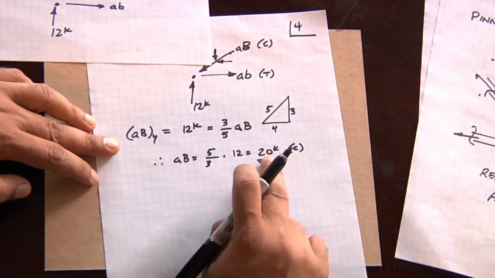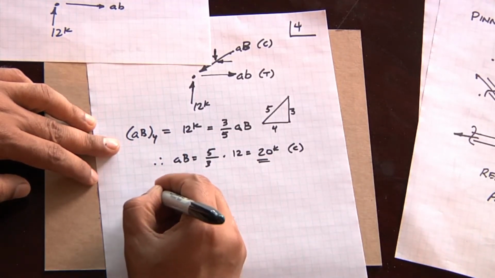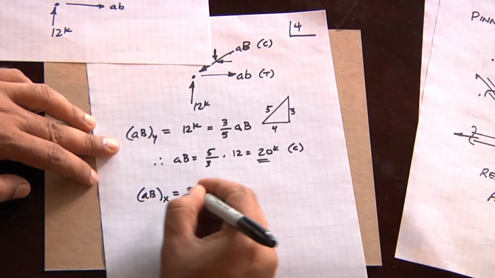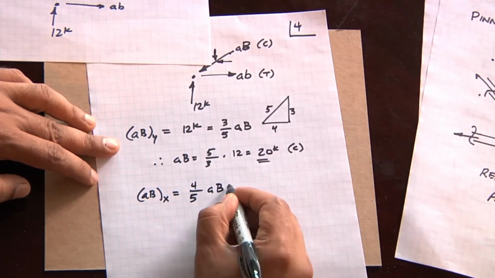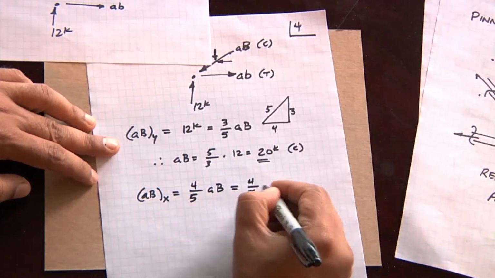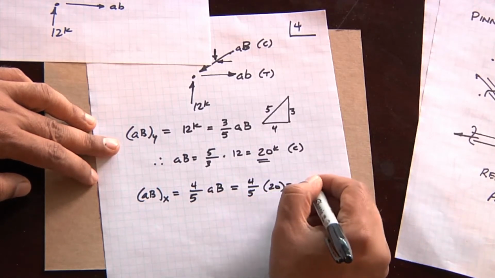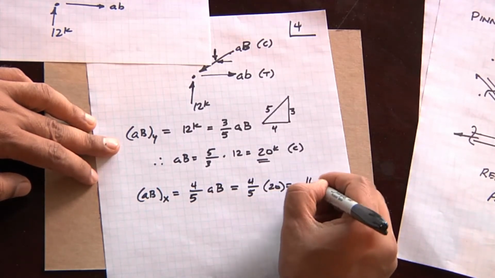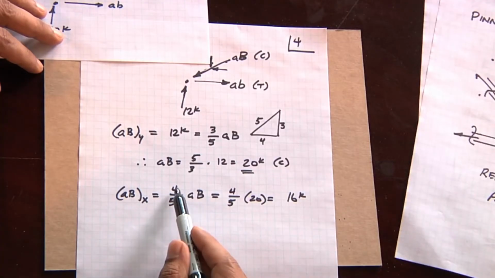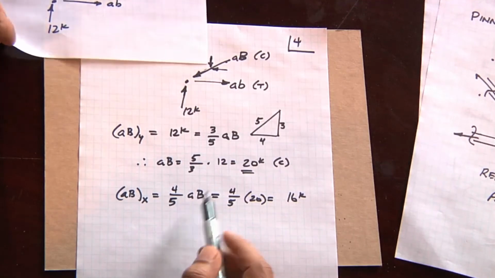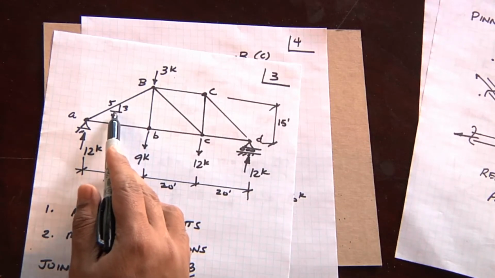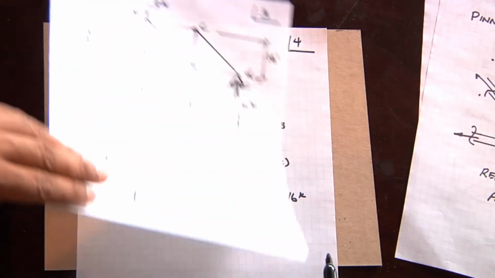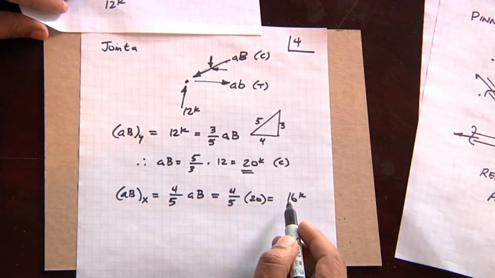And if AB is 20 kips, then ABX, which is the X component, will be 4/5 of AB, which is 4/5 of 20, which is going to be 16 kips. The way we know that is from the geometry of the triangles, just using trig, the ratio of the horizontal to the hypotenuse. 4/5 of 20, then we get 16 kips.